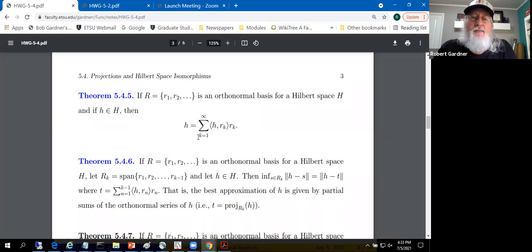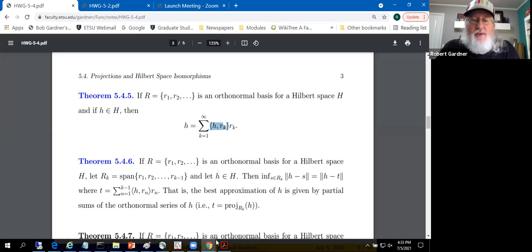So the claim is that, for one thing, this is a basis in the sense of Schauder, which means every vector can be written as an infinite linear combination, a series of these r sub k's. And the coefficients in that series are easy to find, because you have an orthonormal basis. So that's why you want an orthonormal basis.